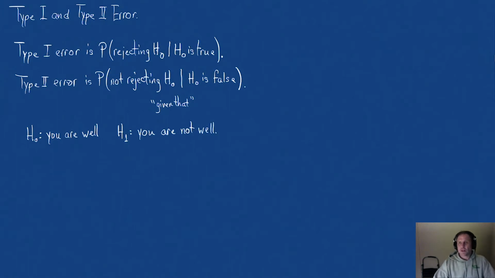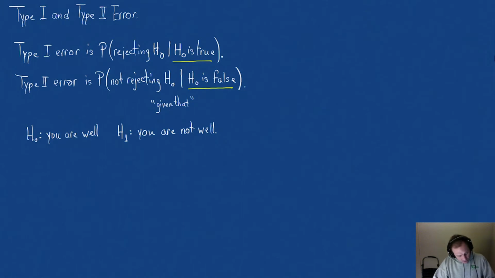Okay, so you go to the doctor because you're not feeling well. Now, two things can happen, and look at the two cases. Either the null hypothesis is false, so you really are sick, even though we thought you were well, or the null hypothesis is in fact true.